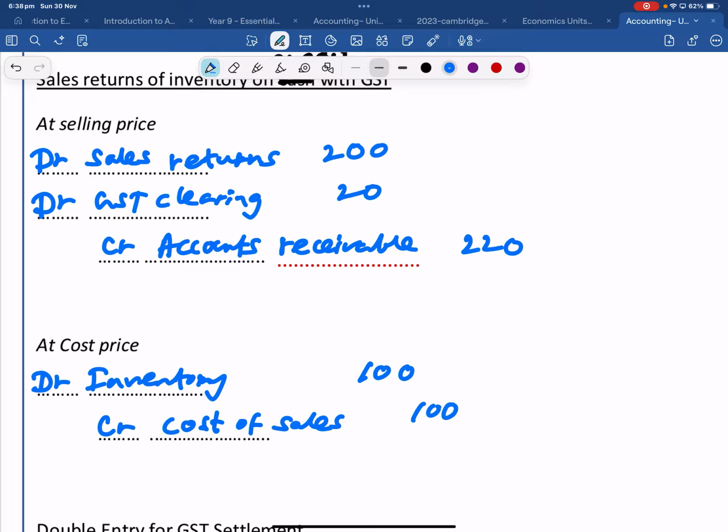Yes, mostly relevance. Basically the owner wants to know what happens to our sales return, whether it is increasing or decreasing. If it is increasing unnecessarily, there is something wrong with the quality of the inventory.